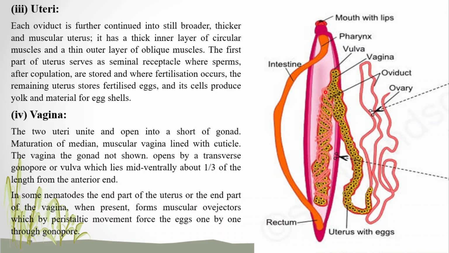In some nematodes, the end part of the uterus or the end part of the vagina, when present, forms muscular ovijectors which by peristaltic movement force the eggs one by one through the gonopore. By this peristaltic movement the eggs are propelled in the forward direction.